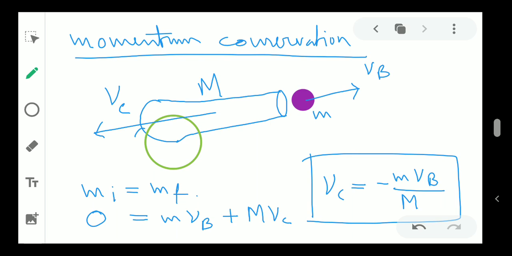And one more thing is noticeable, that this big M is in the denominator.